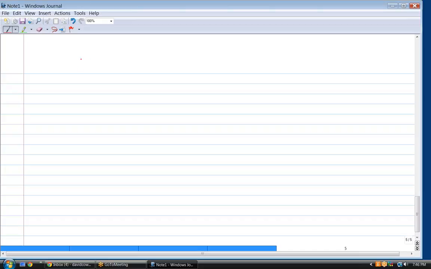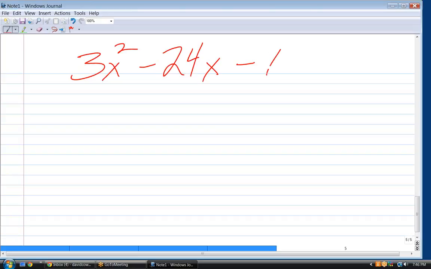This one's 3x squared minus 24x minus 144. Now see, that's not hard because I can factor out a 3 of every term. How do I know that's divisible by 3? Because the digits add to 9.